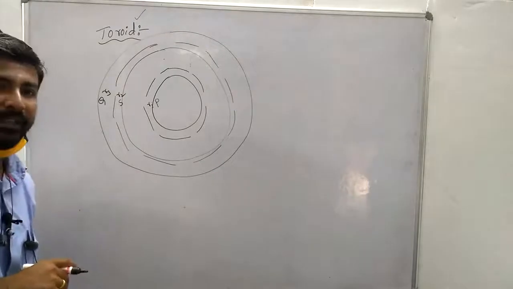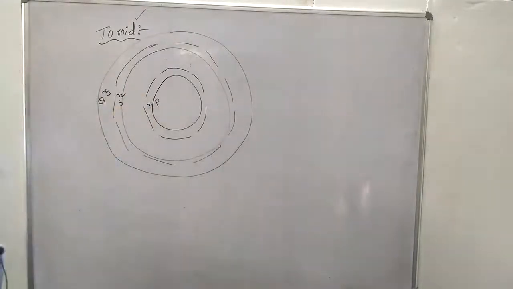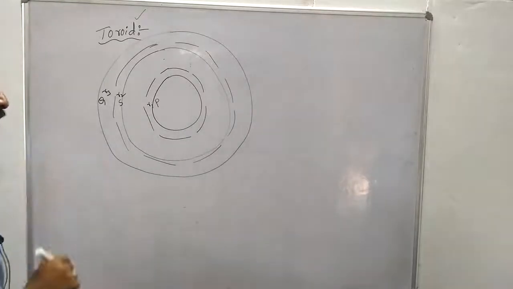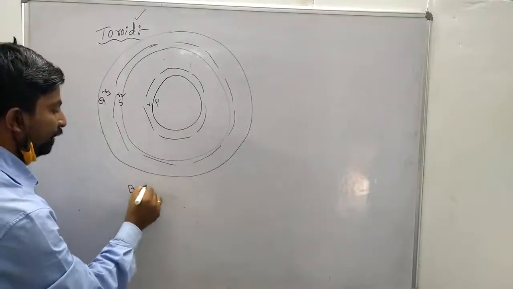Now the magnetic field at point P inside the toroid is given by.